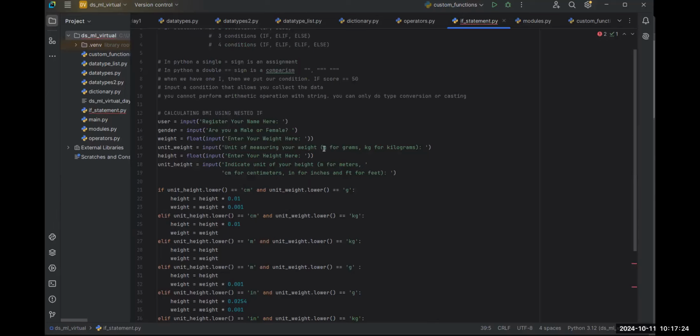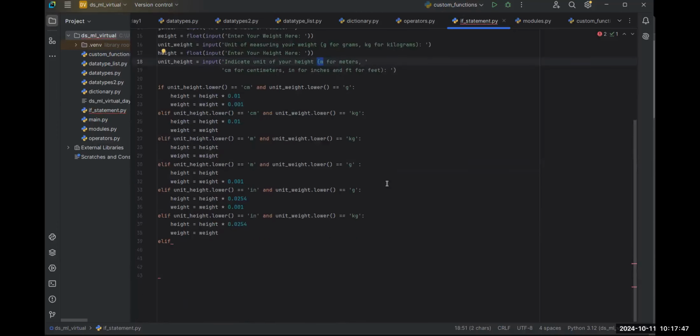Gram and kilogram for our weight. That is what we are comparing for each of them. While for our height, we have 4 units: meter, centimeter, inches, and feet. So that is why we're having 4 conversions for height.